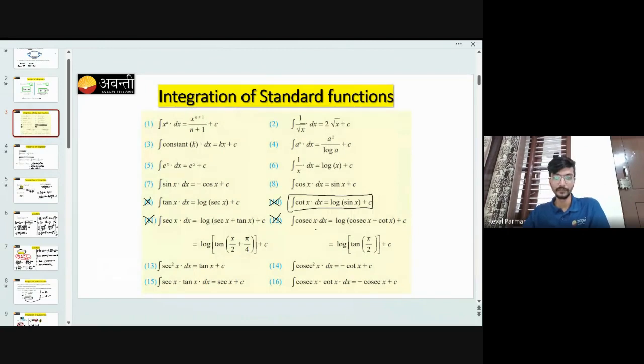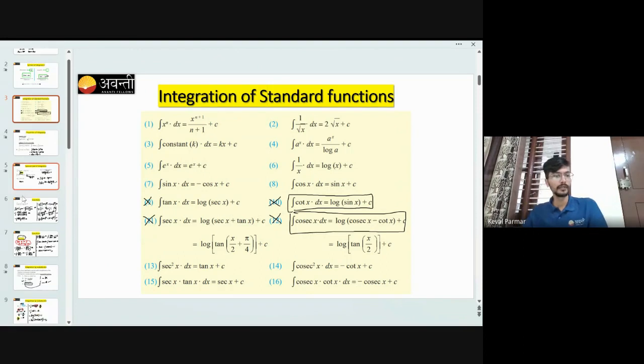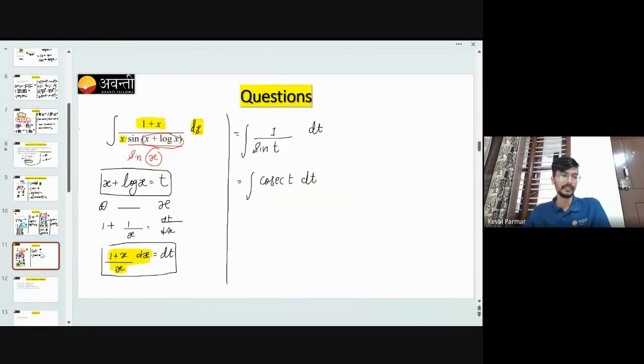Now we also didn't know the formula of cosec t. Here I told you to not remember this one. There are two, but we'll use the first one. So integration of cosec is log of cosec minus cot. So that means here integration of cosec will be log of cosec t minus cot t plus c. Now we are forgetting something.